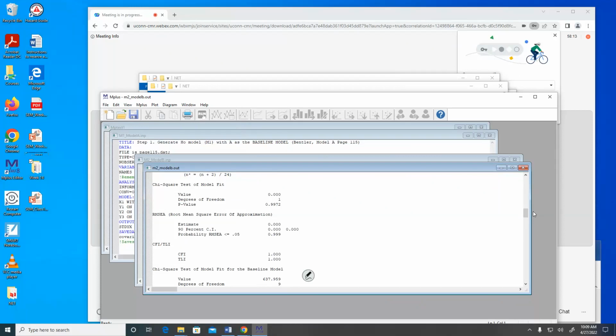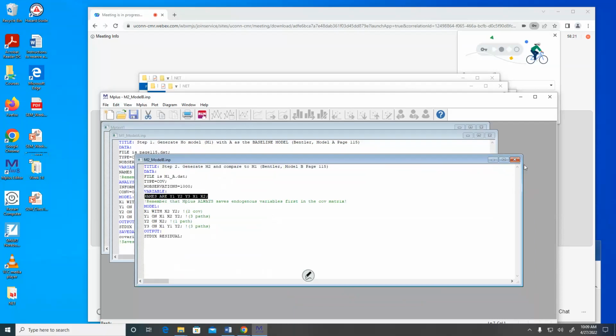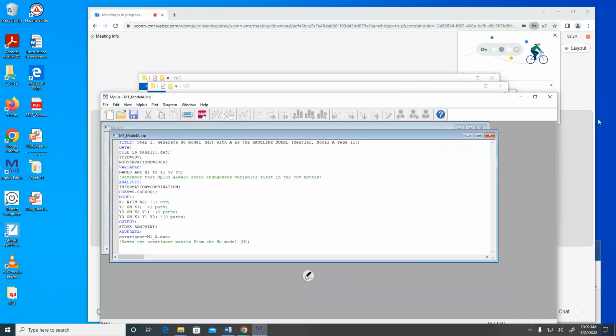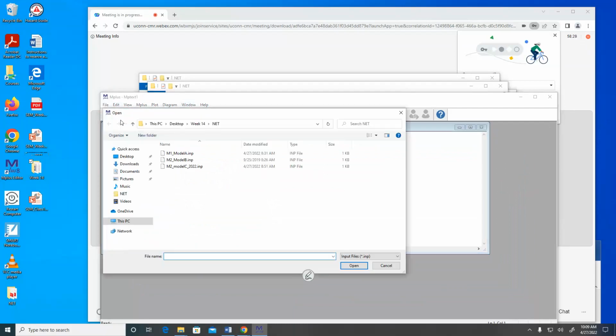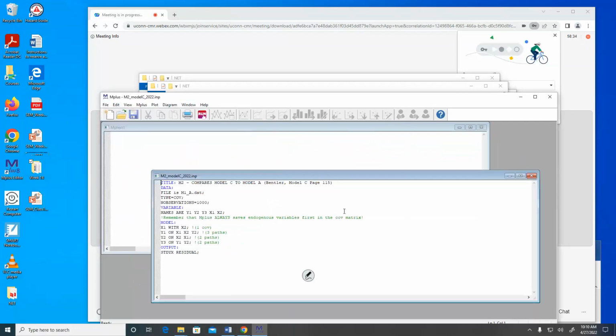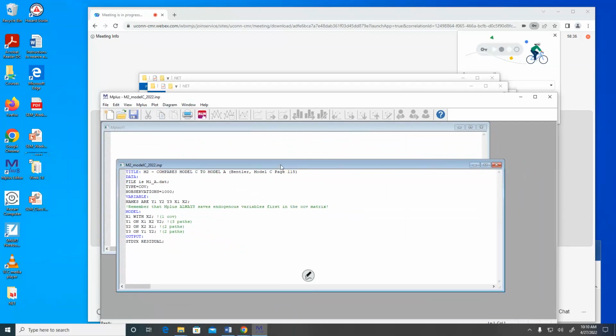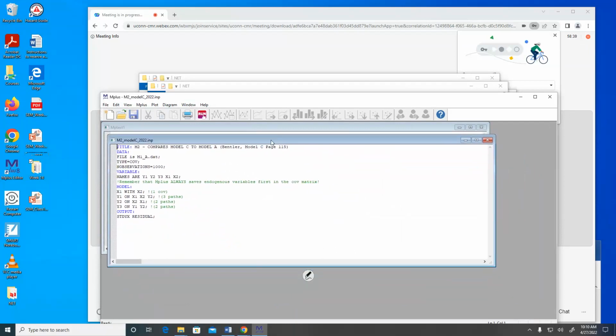Okay, so now let's do model C. We're going to use the same model C. By the way, not that it really matters, but I noticed in the run that I did, I think I handed out this to you in week 12, I had a correlation between X1 and Y2.